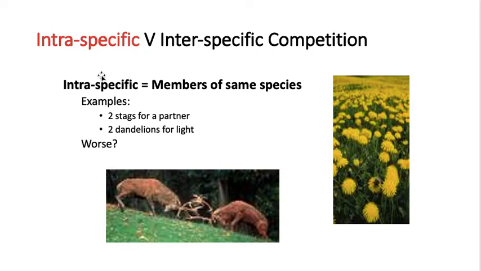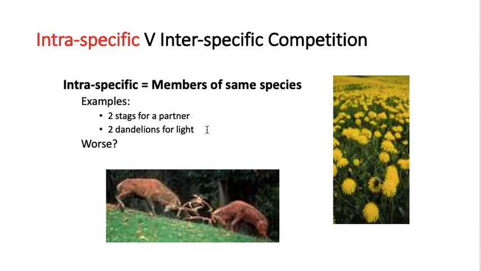In this case, when we're talking about competition, intra again refers to within. So intraspecific is within one species. It's members of the same species fighting with each other, whereas interspecific is members of different species competing with each other. So intraspecific competition examples would include two stags competing for a partner.